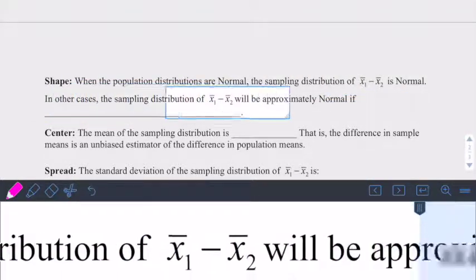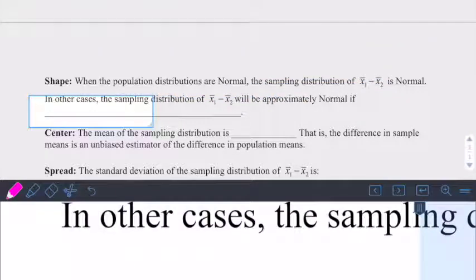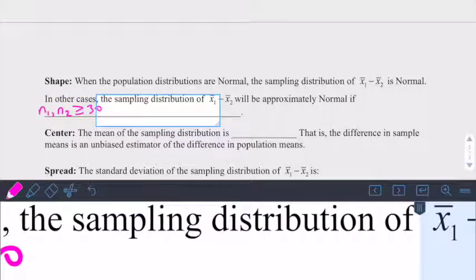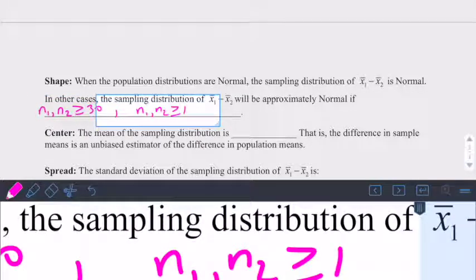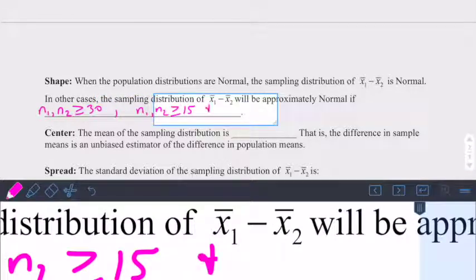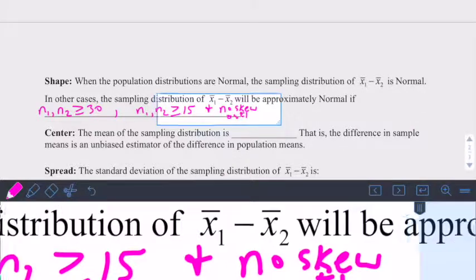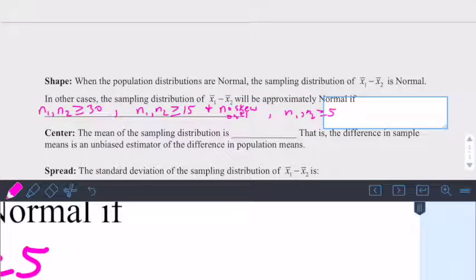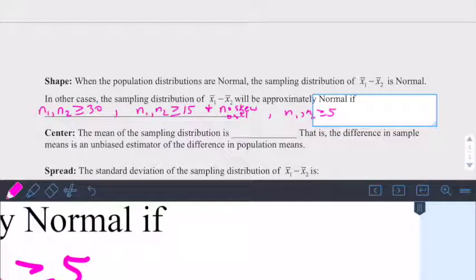In other cases, the sampling distribution will be normal in the same situations that we've seen over and over again: if n1 and n2, our different sample sizes, are greater than or equal to 30, or if they're both greater than or equal to 15 and there's no major skewness or outliers, or remember, if it's greater than 5 and the sample looks approximately normal.